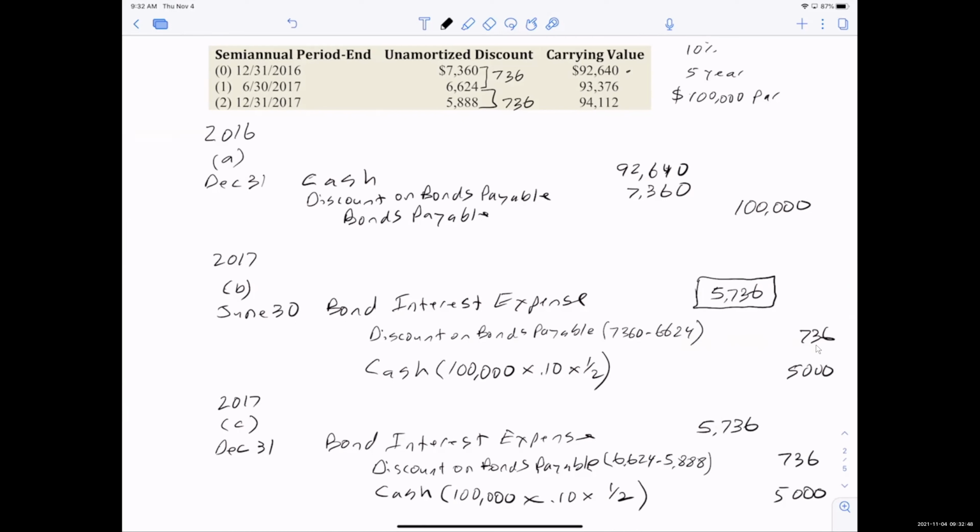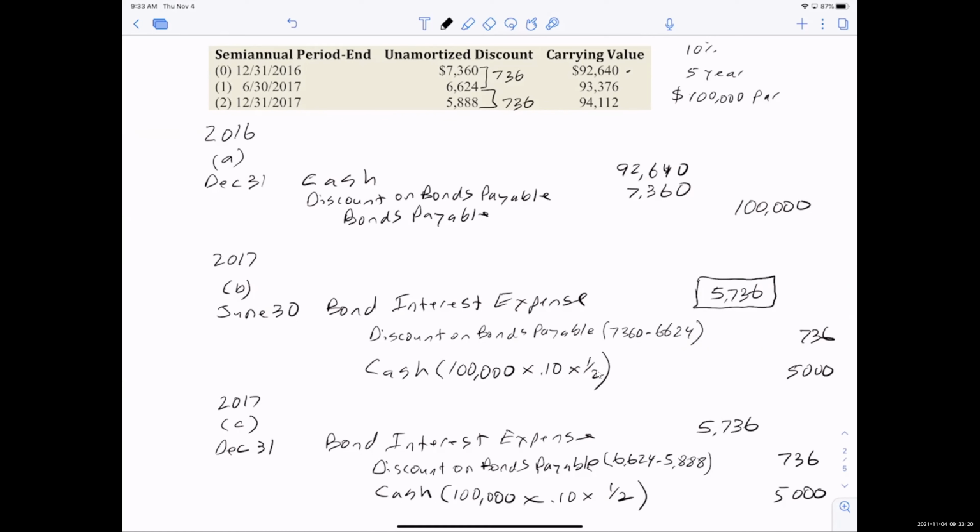So again, I'm going to tell you my way. I know that the total discount before you allocate anything is 7,360. You're going to do this over 10 periods. I would just go 7,360 divided by 10, which would give you your 736. That's how I would do it. Your author thinks it's better to show the amortization here, and you've got to figure this out. Like I say, that threw me for a loop at first because I wasn't used to doing it that way. All right.